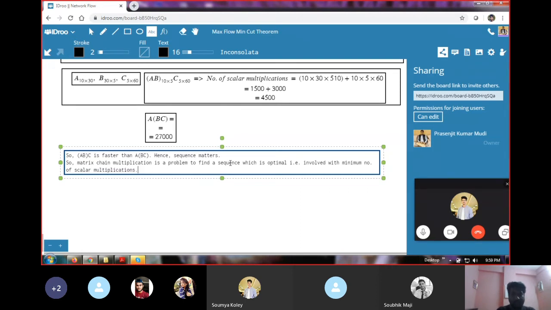Okay. In other words, the problem is to find the optimal parenthesization. Okay.